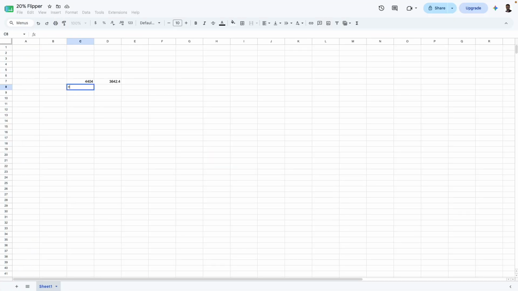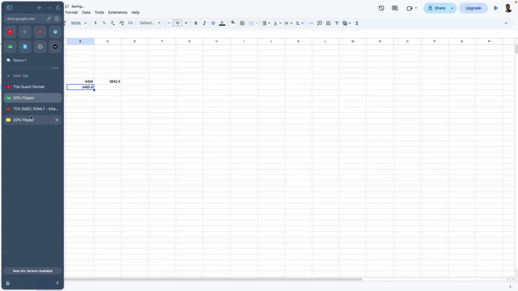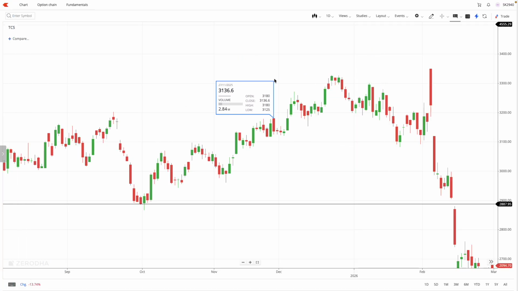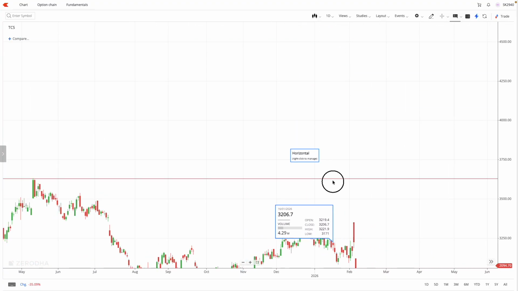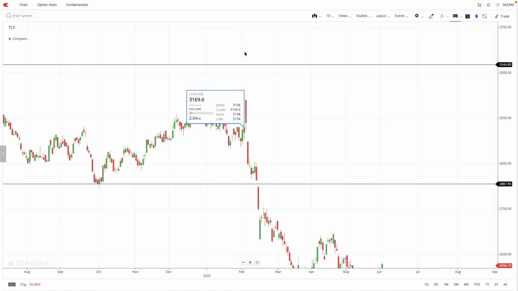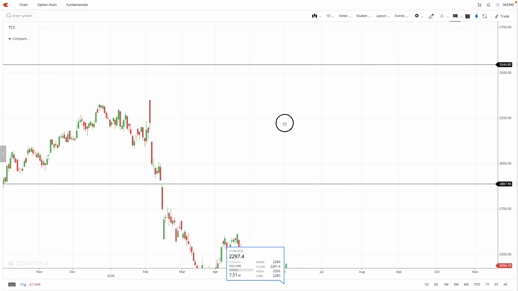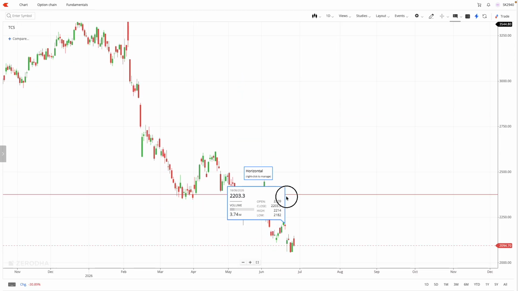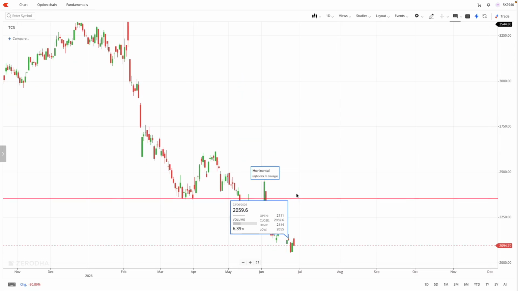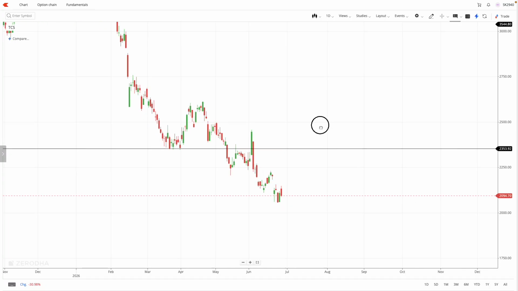So I want the stock to be closing above 3465, which I doubt it ever did. Yeah, no. So you don't make anything, you just keep looking at the low, and if it is bouncing back, I don't think it's 20%.